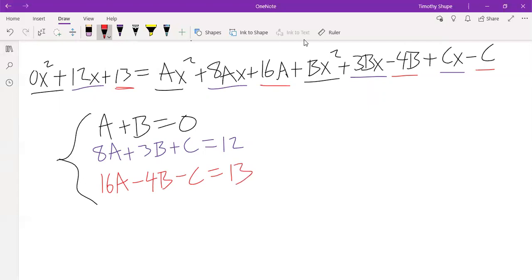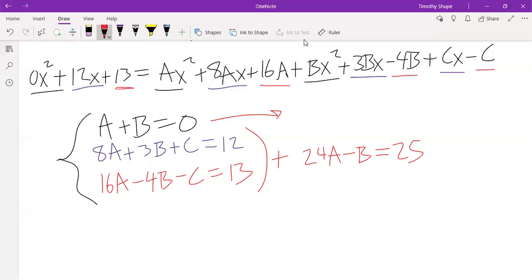So now our goal is to solve for A, B, and C so that I know what those original fractions were. Looking at this, I'd say the easiest thing to start out with would be to add the two bottom equations together. That's going to give me a new equation: 8 plus 16 is 24A's, 3B minus 4B is going to give me a negative B, and then C minus C is 0, and on the right side I end up getting 25.